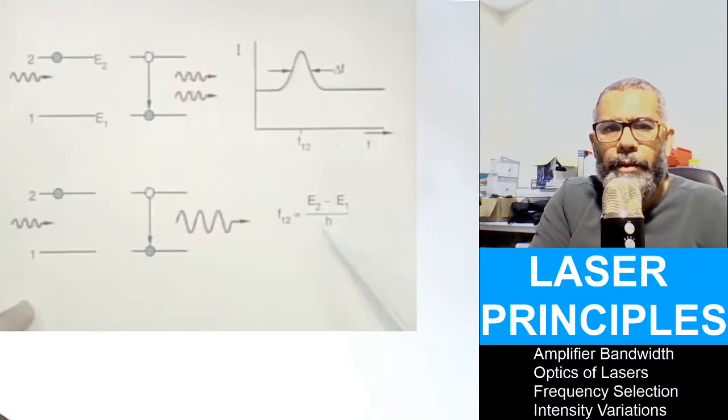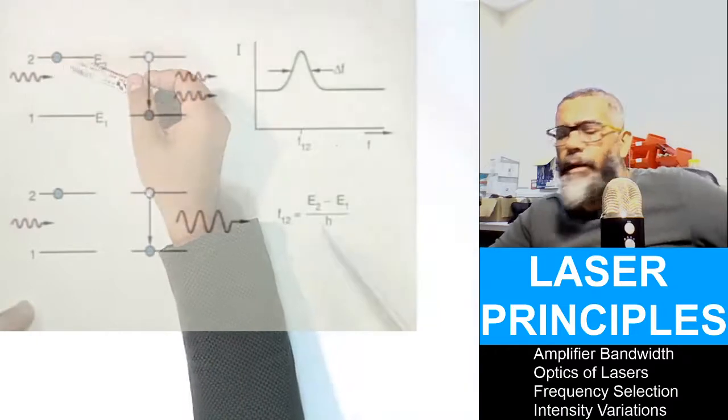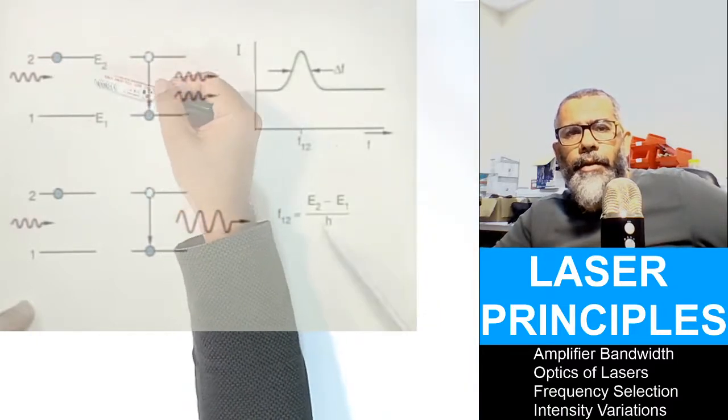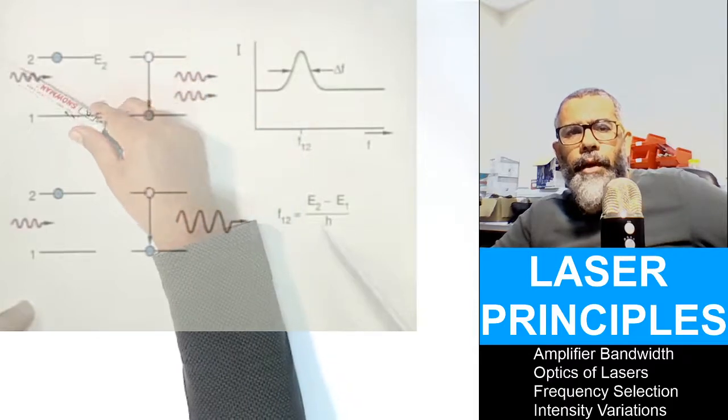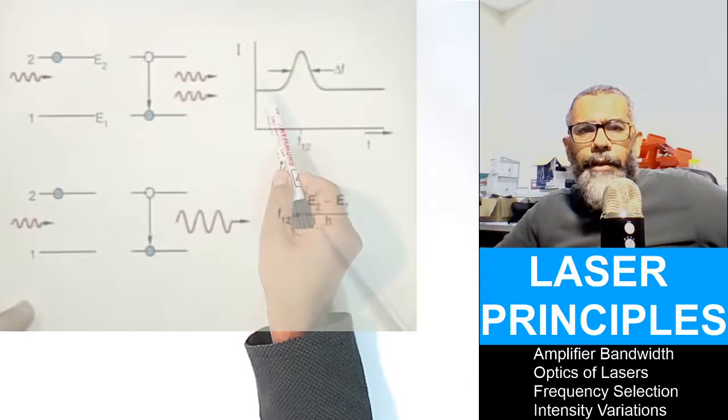So in the next slide, what you see is an optical amplifier, and you have this incoming photon of a frequency at this level.